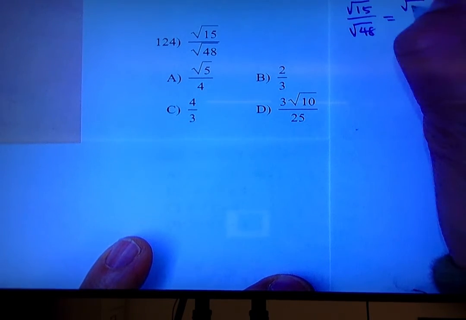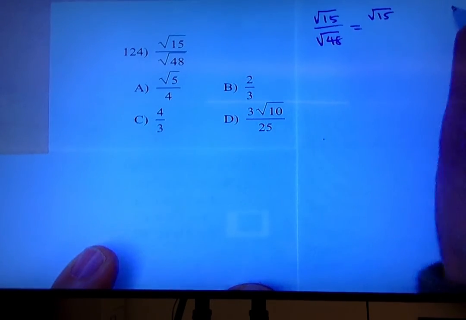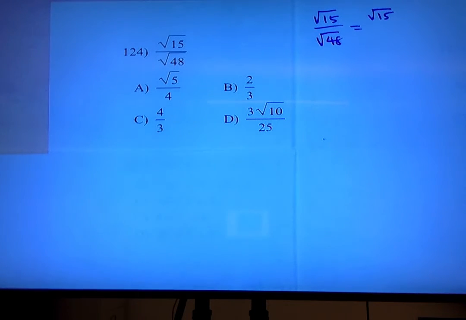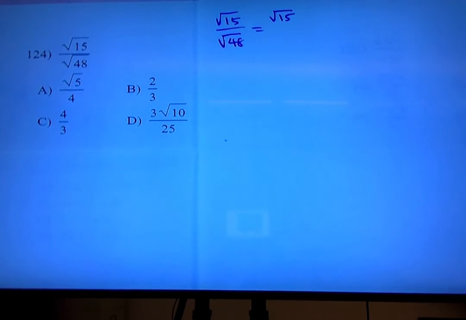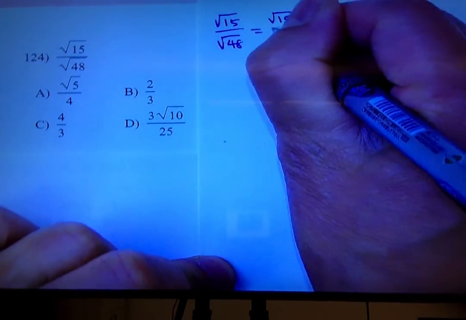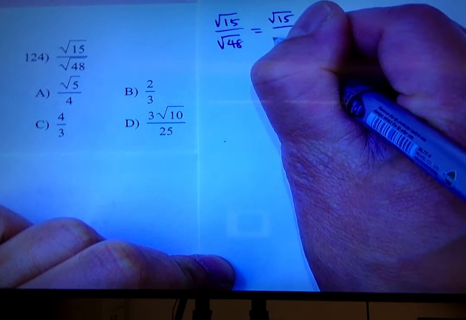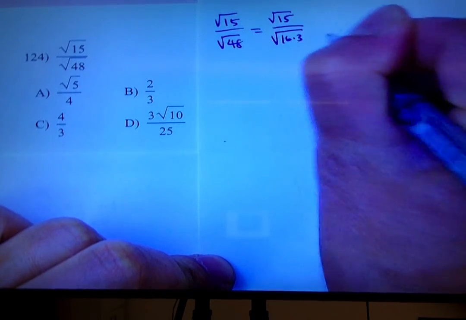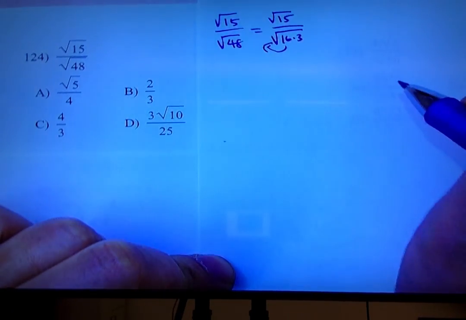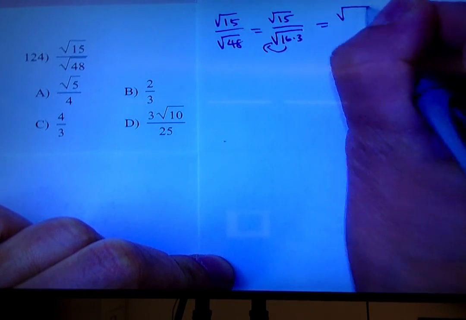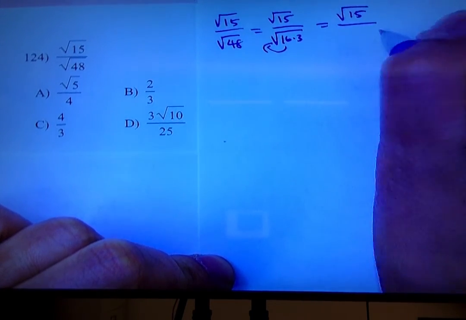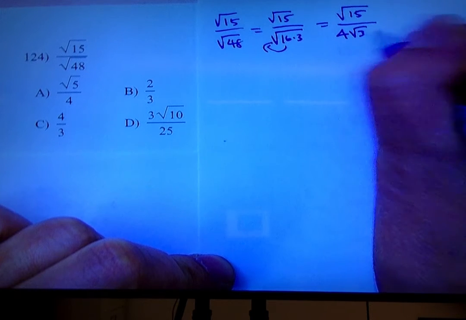So this is going to be root 15 over, this is the square root of 16 times 3. So the 16 comes out as 4. So this is root 15 over 4 root 3.